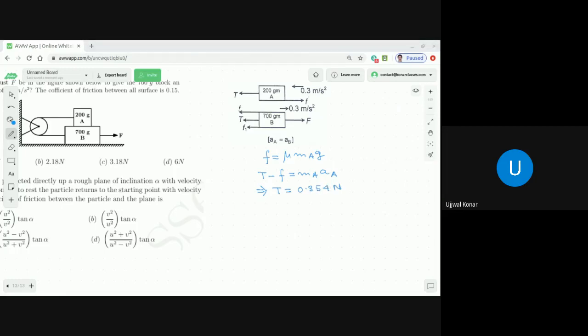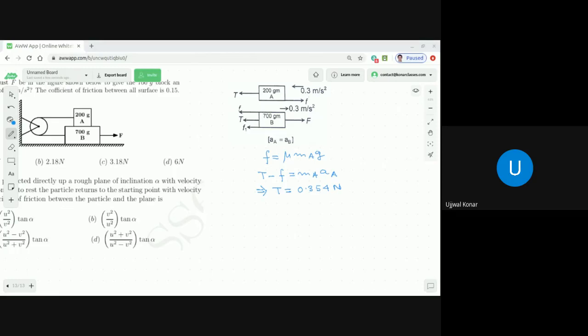For the 700 gram block, we have frictional force between the block B and the surface.